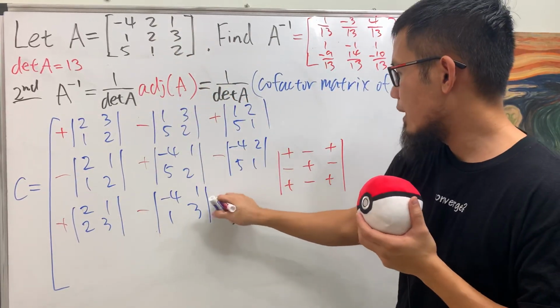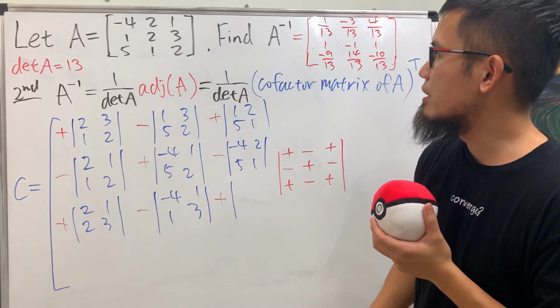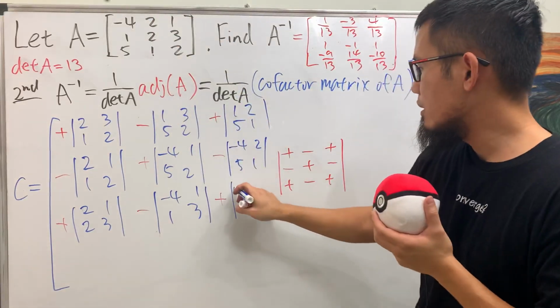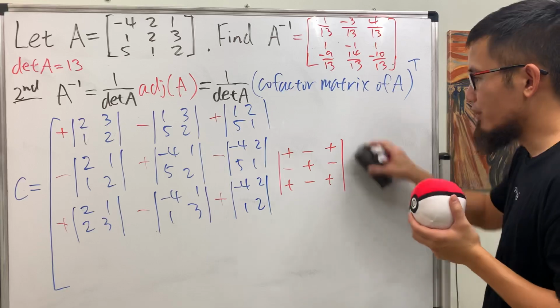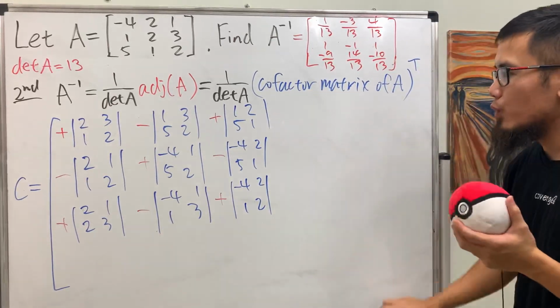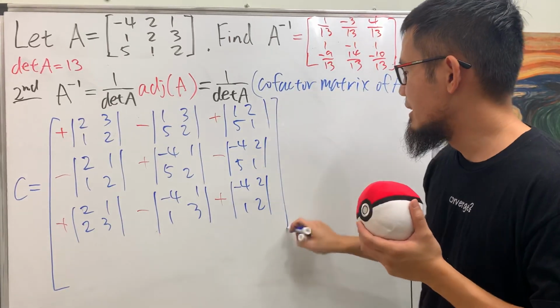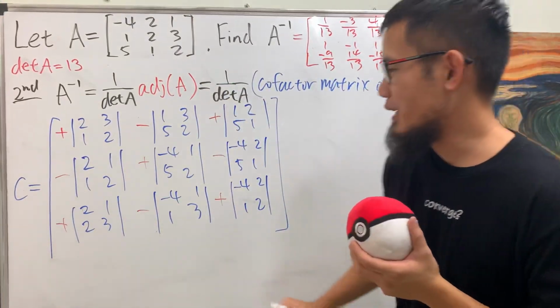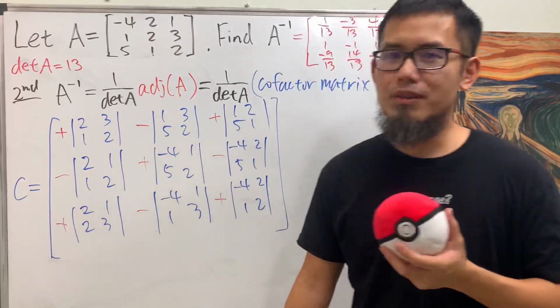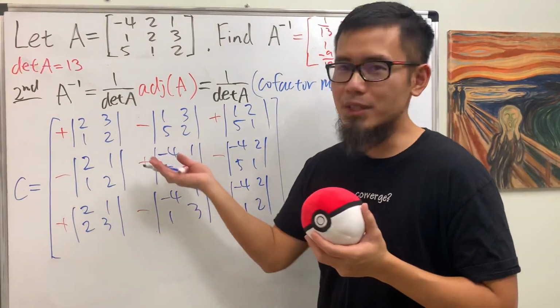And lastly, we have the plus, and this right here is negative 4, 2, and then 1, 2. All right, so as you can see, we have this big, giant matrix right here. Man, so much fun, right? And you think we are done? No, we still have to find the determinants of all these guys.